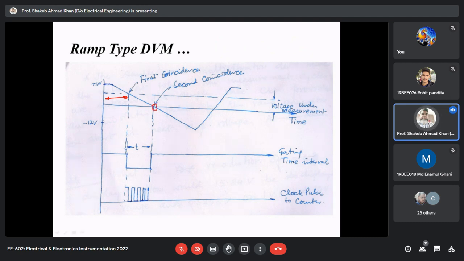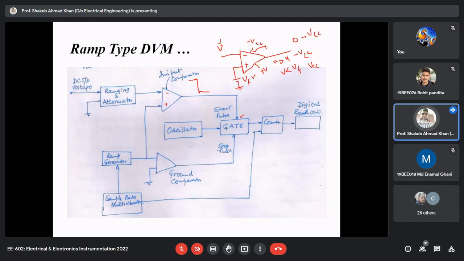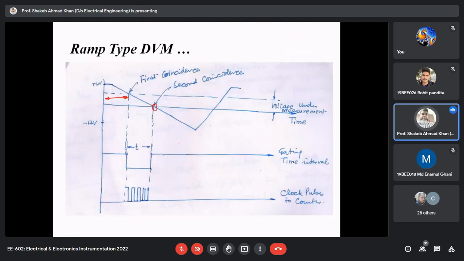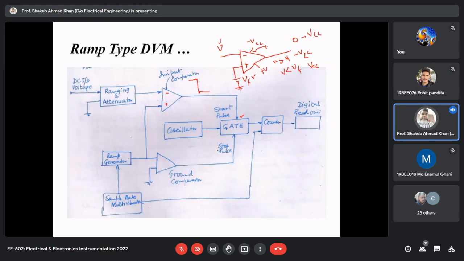So when will it hit the ground potential? Before this point, your ramp voltage was more than the ground potential. So again, if this is your non-inverting terminal and this is the inverting terminal, when the ramp voltage is more than the ground potential, you have plus VCC here.